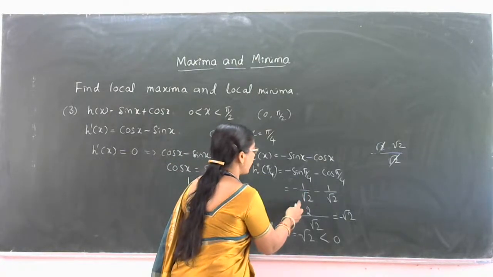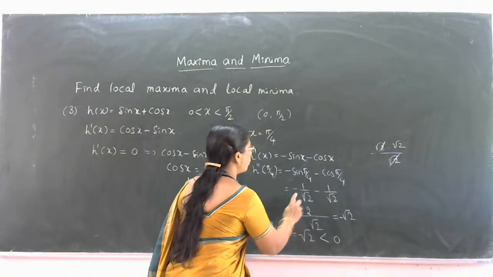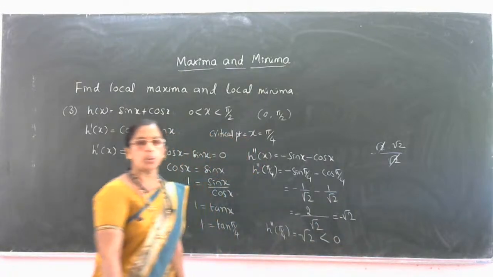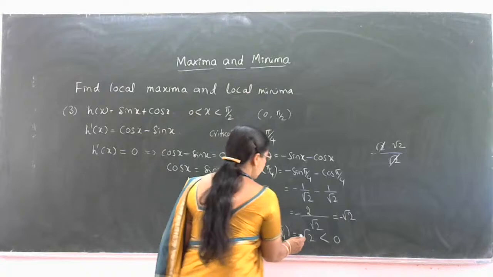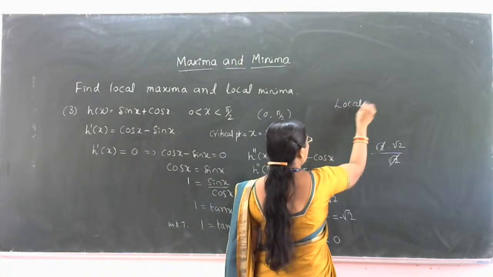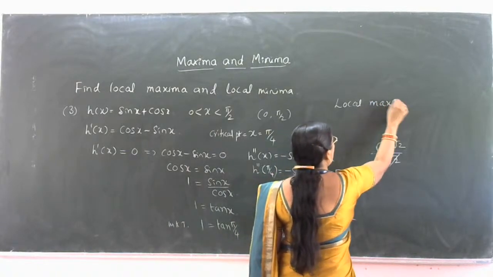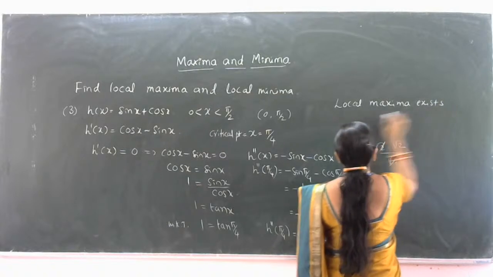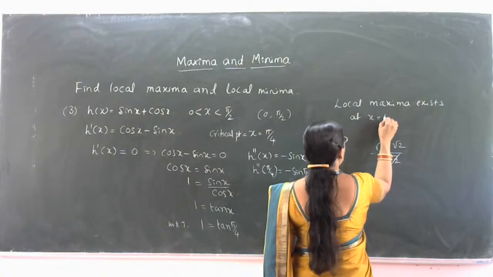The value becomes minus 2 by root 2, which is minus root 2, and minus root 2 is less than 0. It means local maximum exists at x equal to pi by 4.